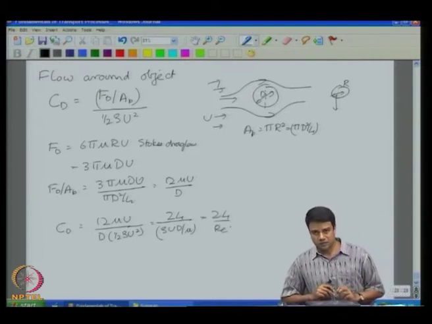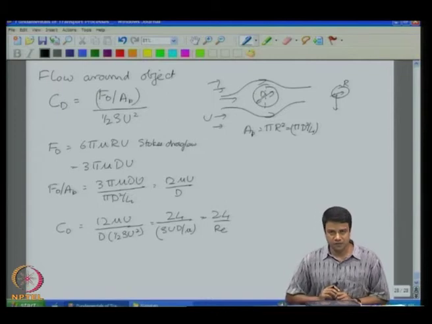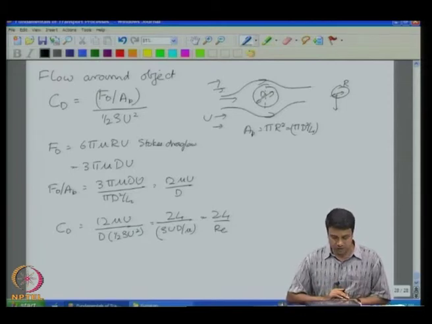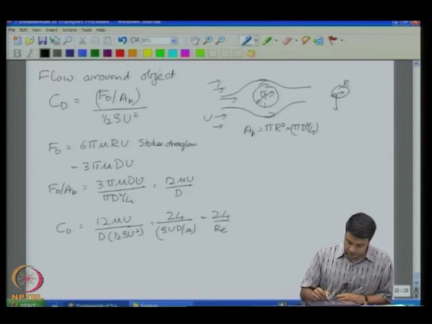You must have studied the correlation for the drag coefficient for the force on a sphere settling in a fluid. In the limit of low Reynolds number, where the forces are primarily viscous, the drag coefficient is given by 24 by Re. If I plot log C d versus log Re, I get something that goes like this.